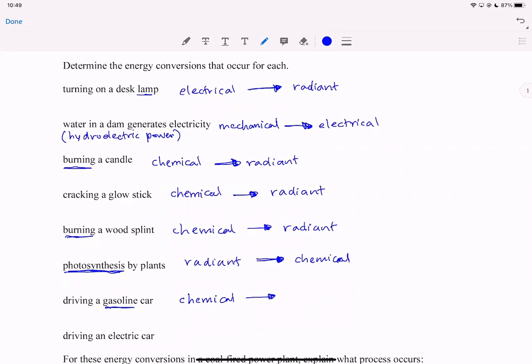The combustion of a hydrocarbon like gasoline produces a lot of energy, and we'll get into that in this chapter. But the energy that we get out of the combustion of gasoline, well, you get the movement of the car. When the car moves around, the energy of motion is mechanical energy.